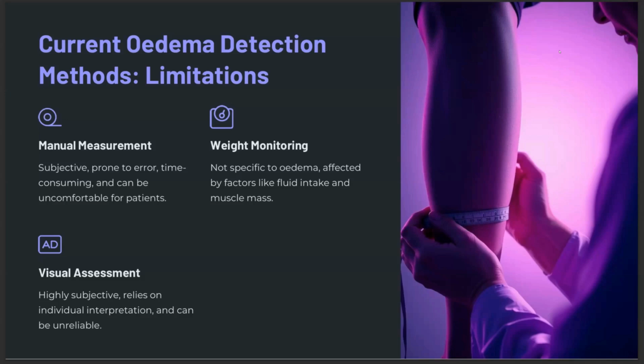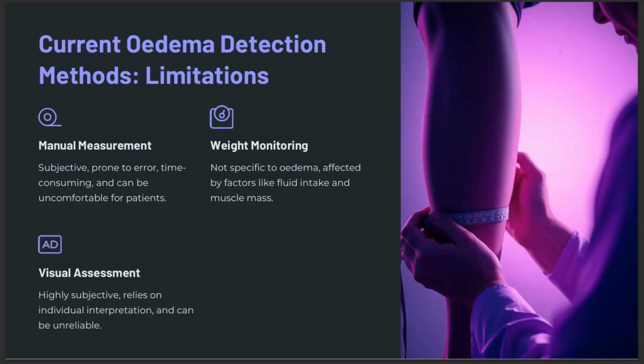And then there's weight monitoring, for patients who have to go for dialysis. They need to remove their body fluid. For them, how much fluid needs to be removed during dialysis, how do you know that? There is no way of quantifying it.